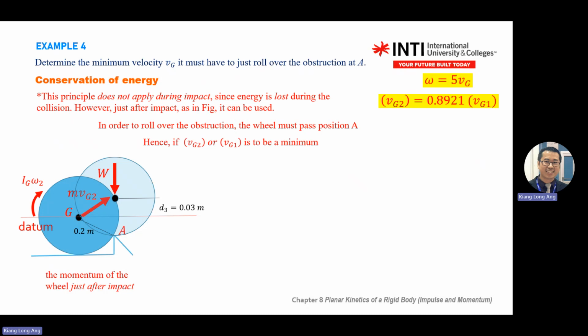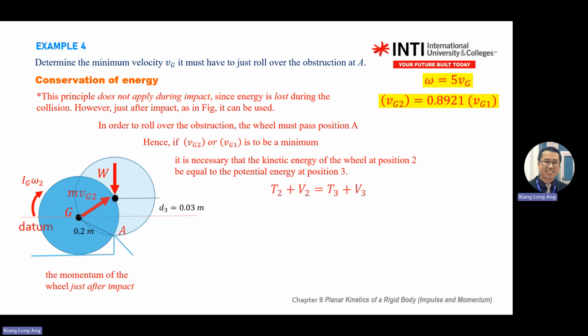To roll over the obstacle, the wheel must pass position A, where VG2 or VG1 has to be at minimum. It is necessary for the kinetic energy at position 2 to equal the potential energy at position 3.